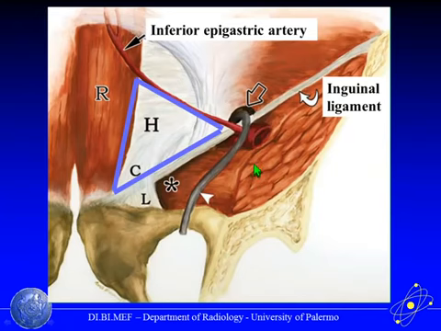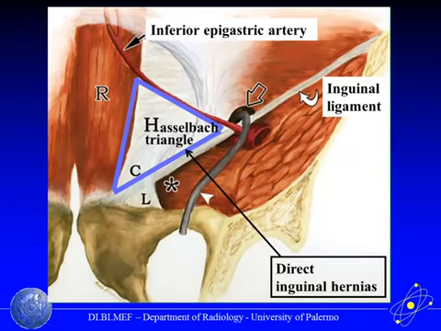So this triangle is the Hesselbach triangle, or inguinal triangle, and direct inguinal hernias pass through this weak area of the abdomen, called Hesselbach triangle.